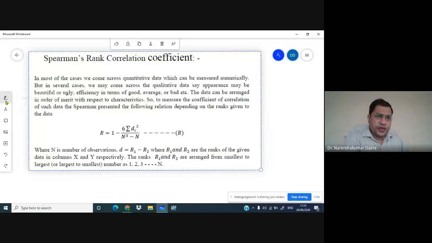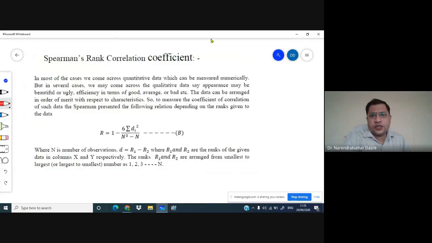So today we have to see the rank correlation coefficient. This is denoted by capital R. The thing that we need to understand is Spearman's rank correlation coefficient.